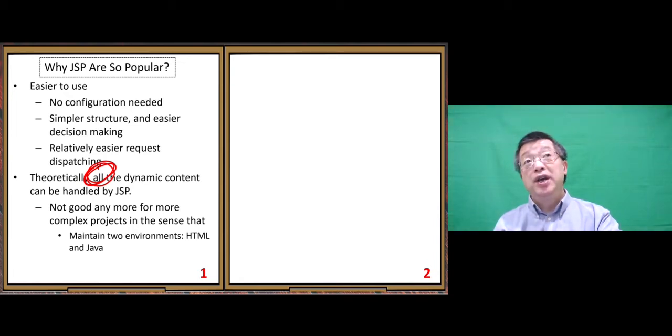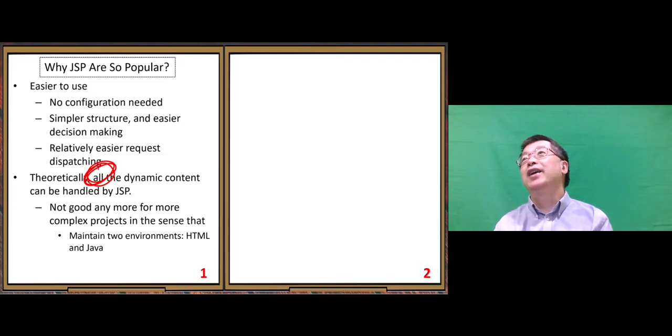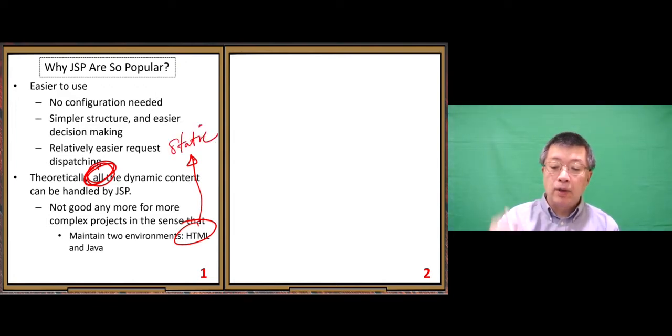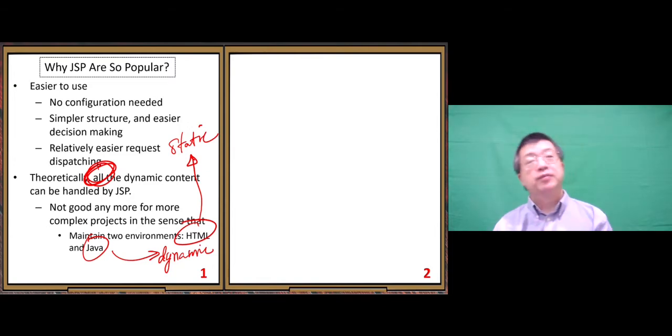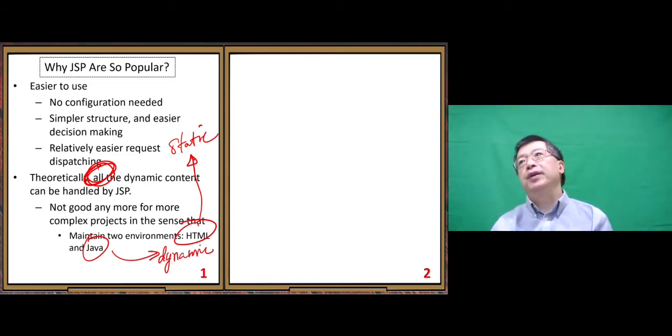In JSP, you need to maintain 2 different environments. One is the HTML environment for static content, so your content is static. Then Java for the dynamic part. You need to maintain both environments.